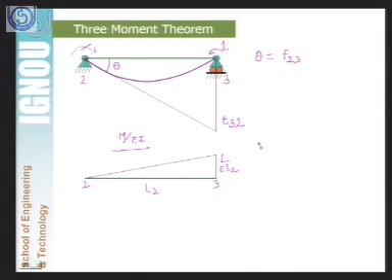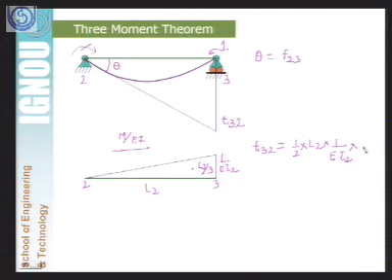So the value of T32 is equal to, first let us take the area of this M by EI diagram, that is half multiplied by L2 multiplied by 1 divided by EI2, and then the center of gravity of this diagram, this distance from node 3, will be equal to L2 divided by 3.